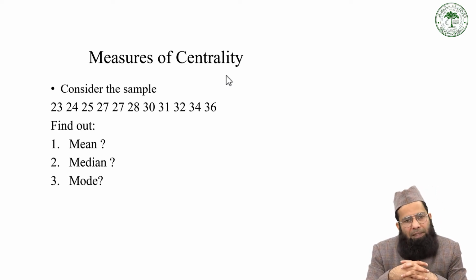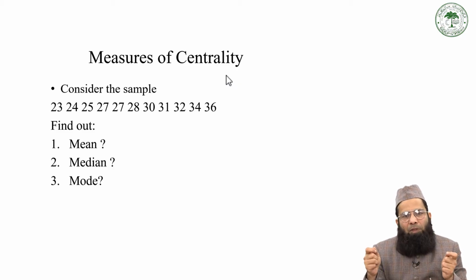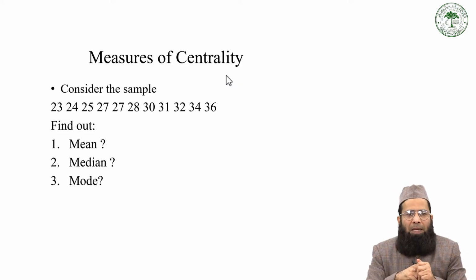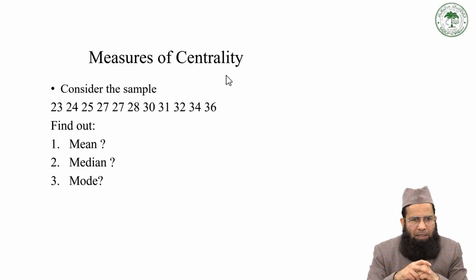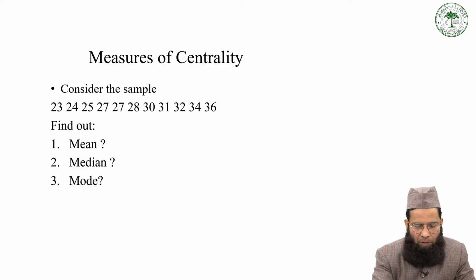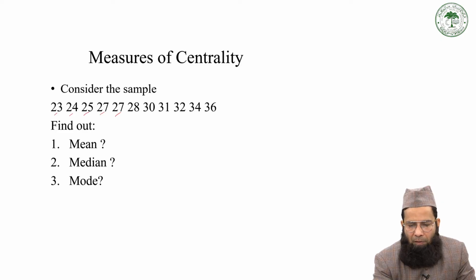What is the median here? Since you have an even number of elements, you need to find the sum of the two elements in between. Let me come to this. You have these values 1, 2, 3, 4, 5. So this is the mid element.